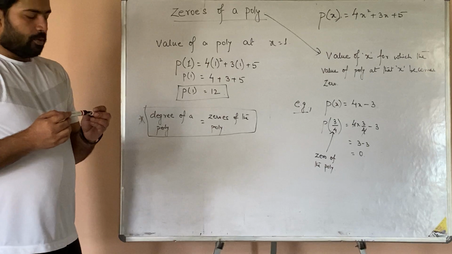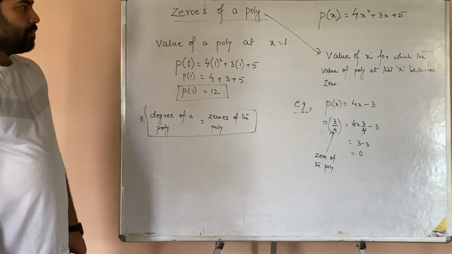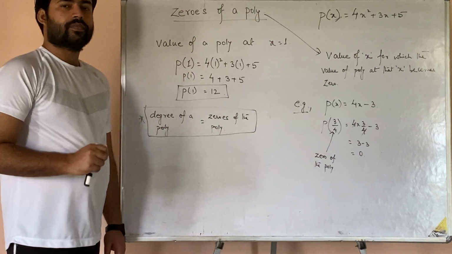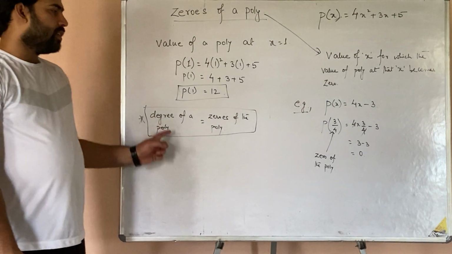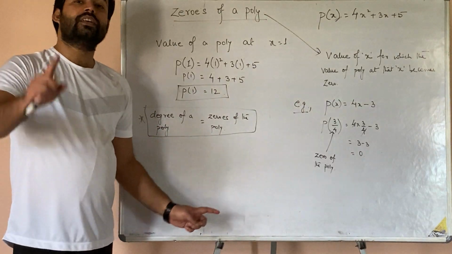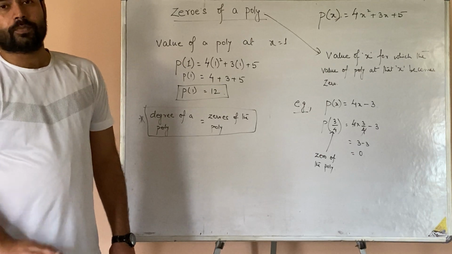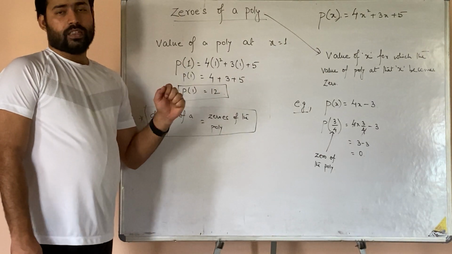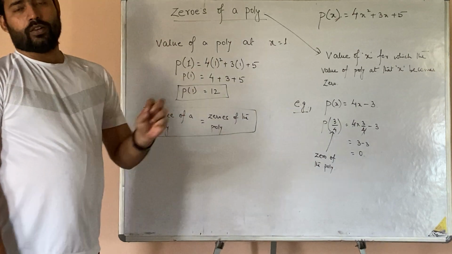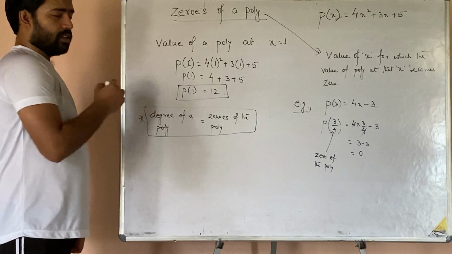If degree is 1, that means I am talking about a linear polynomial. That means for a linear polynomial there will be only one zero of the polynomial. That's for sure, 100% for sure. That means the number of values of the variable at which the polynomial turns out to be 0 depends upon the degree of the polynomial.